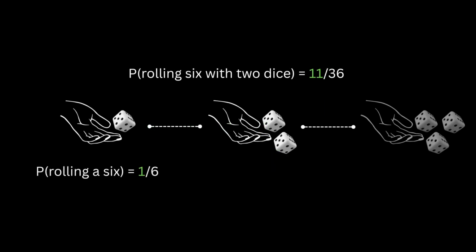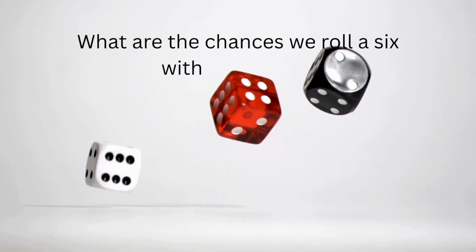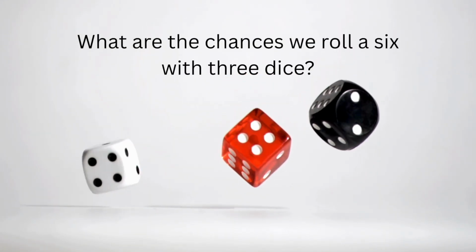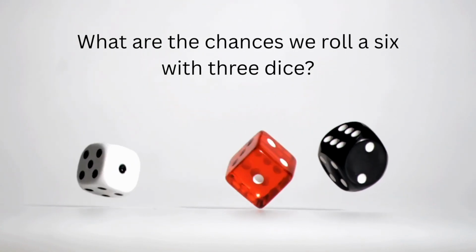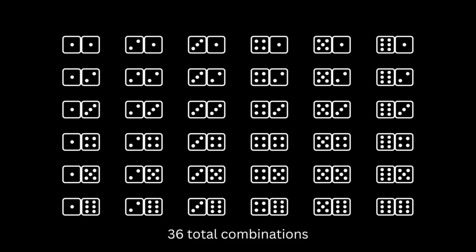But let's move on to 3 dice, and I think this is where we start realizing that our strategy might be a bit flawed. We can ask what are the chances we roll a 6 with 3 dice. What we realize as we go to 3 dice is we have many more combinations, 216 total.